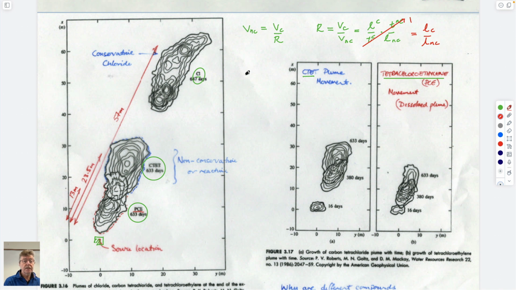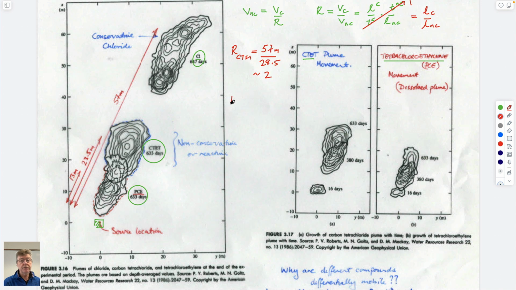So in this particular case, the retardation factor for carbon tet is equal to 57 meters over 28.5, which is about 2, right?